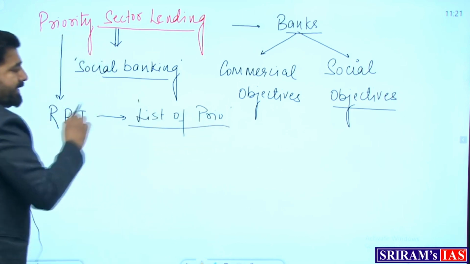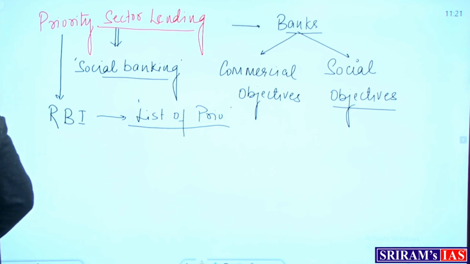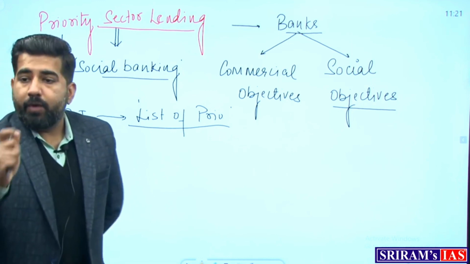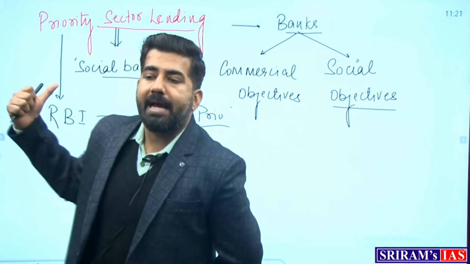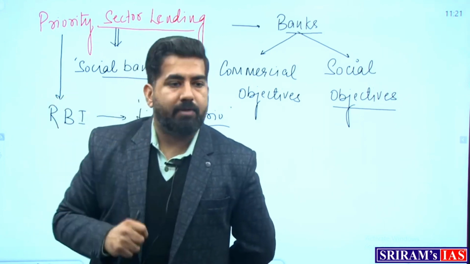Clear? So two things from the exam perspective that you need to remember: first, the list, which sectors are the priority sectors, and second, which banks have to comply with the PSL norms, which banks and how much is the requirement.